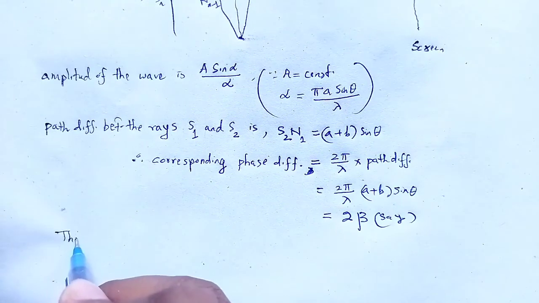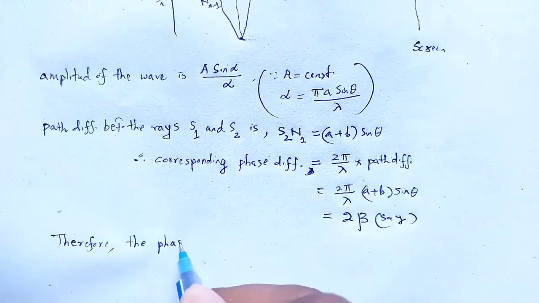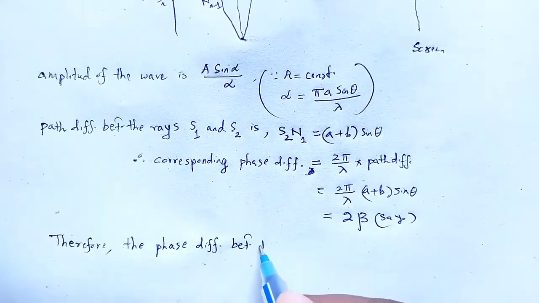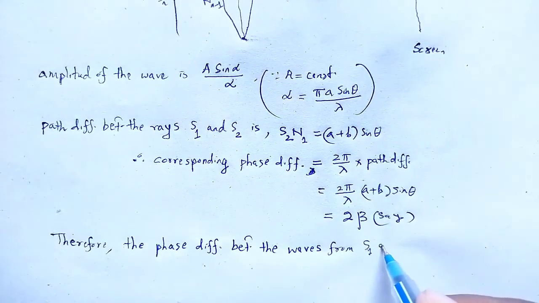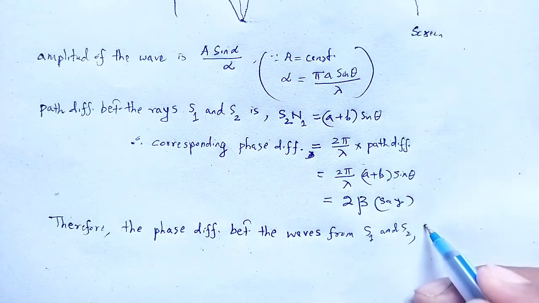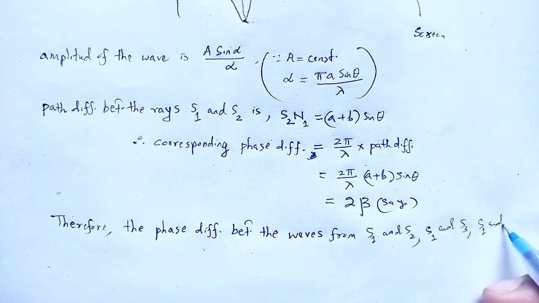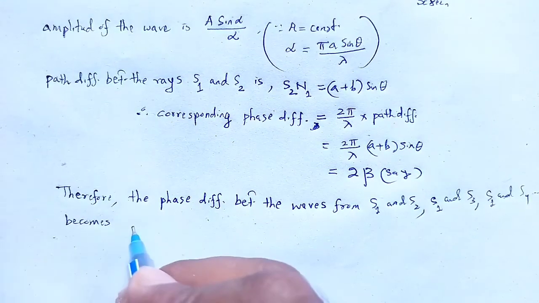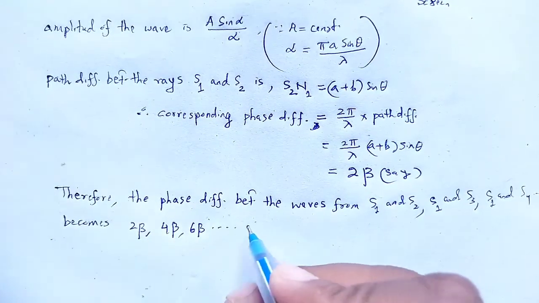Therefore, the phase difference between the waves from S1 and S2, similarly S1 and S3, S1 and S4 becomes 2 beta, 4 beta, 6 beta, and so on.